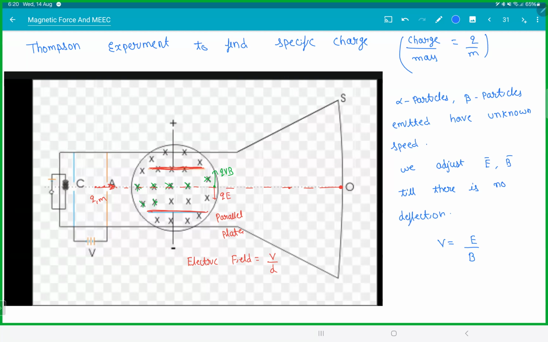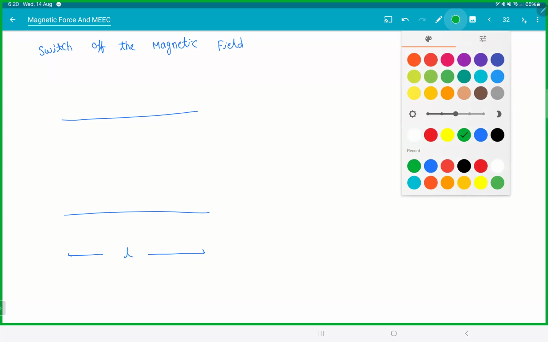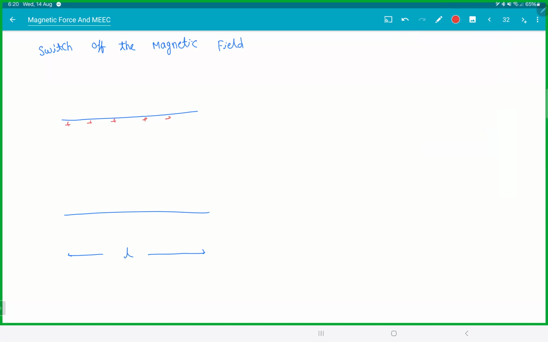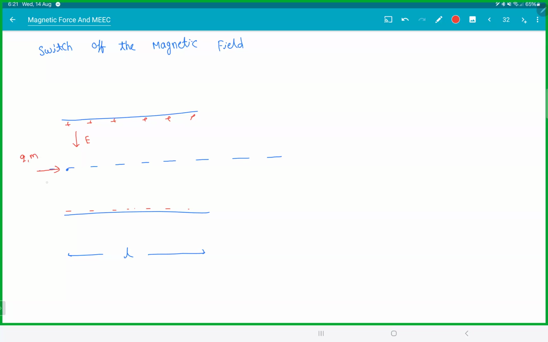Then we switch off the magnetic field. So let's say these are the plates, length L. Let this be positive and this be negative, and we have an electric field in the region, E. Now these particles which are going in, let's say you had sent inside a positive particle with charge Q, mass M, and speed U. Now this particle, because of repulsion, will start deviating and goes off like this.